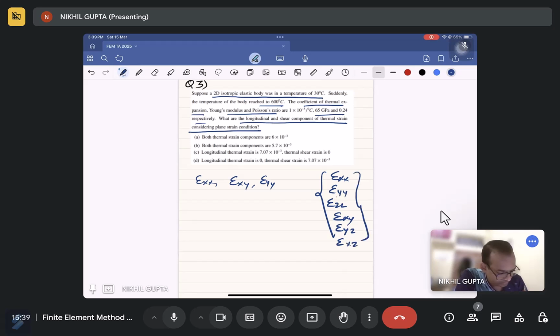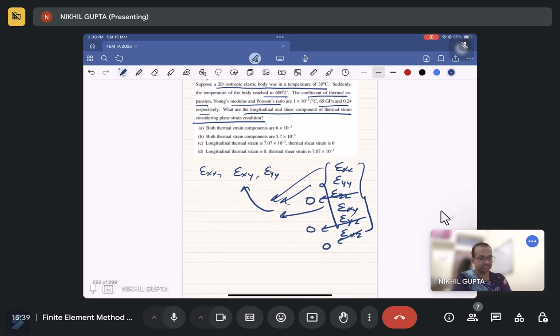Since it is plane strain, the third component will be 0. So everything belonging to z will be 0. So we'll get 3 components only for plane strain conditions.